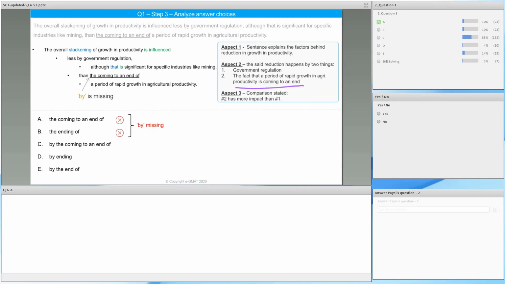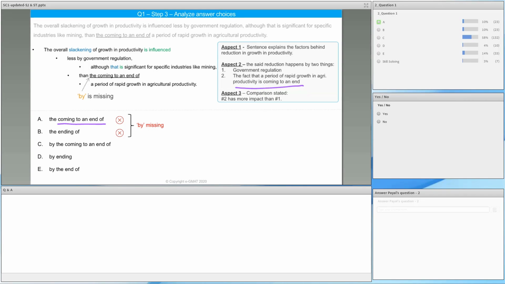Okay, so if you landed on choice A, chances are that you missed the parallelism error. You do have that expression, "the coming to an end of," but choice A is grammatically incorrect because of the parallelism error.